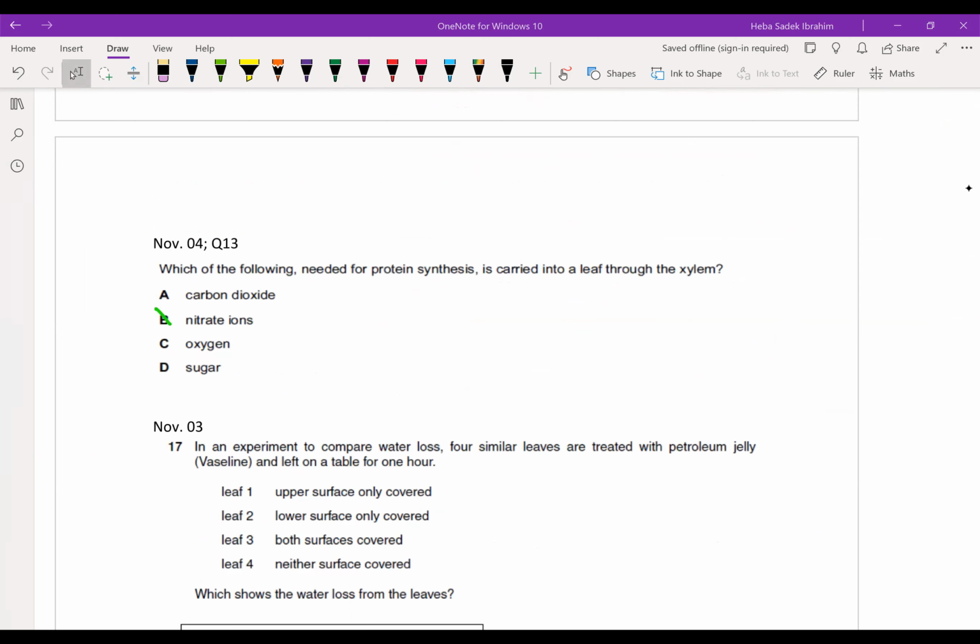What the leaf needs for protein synthesis is the nitrate ions, which it uses as a source of nitrogen to make amino acids. So what is needed for protein synthesis is the nitrate ions.